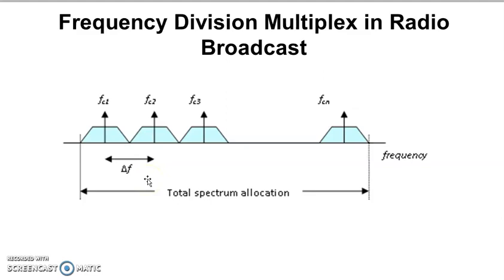Now we can see that we have a number of channels divided in the allocated spectrum or bandwidth. In a satellite, the bandwidth and power handling capability of the amplifier are different, and according to the handling capability of the transponder, we can use an upper limit of power while transmitting.